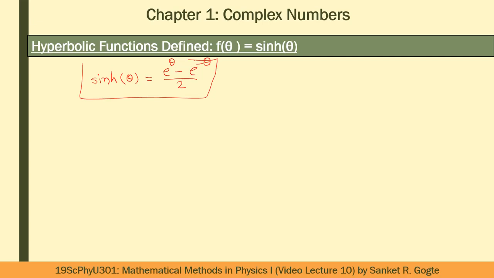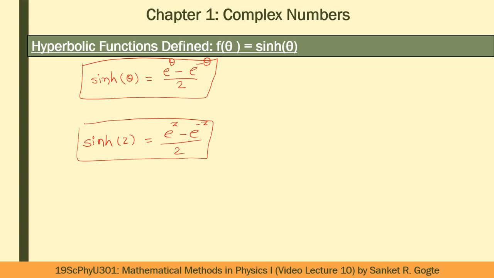Now this theta can be a real or complex number. However, the hyperbolic sine is defined in the same way. So even if I'm defining sinh z, it is going to be equal to e to the power z minus e to the power minus z divided by 2. So this is how hyperbolic sine of a complex number or of a real number is defined.